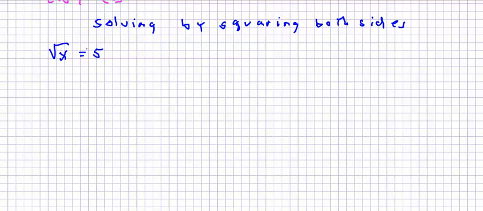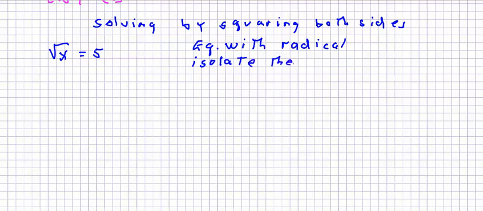Anytime we have an equation with a radical, or square root, we want to isolate the radical. And then we square both sides.